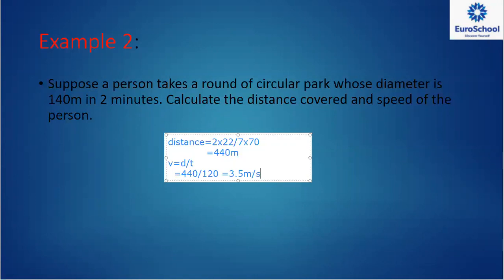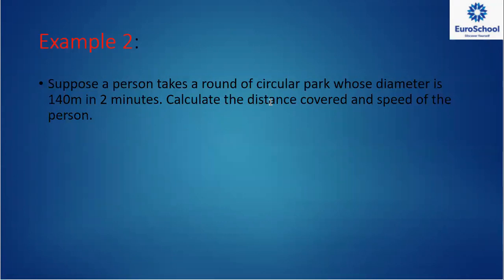So this is the way how you calculate the distance and the velocity of an object moving in a circular path in uniform circular motion. So this is the way how you calculate the numericals for uniform circular motion.